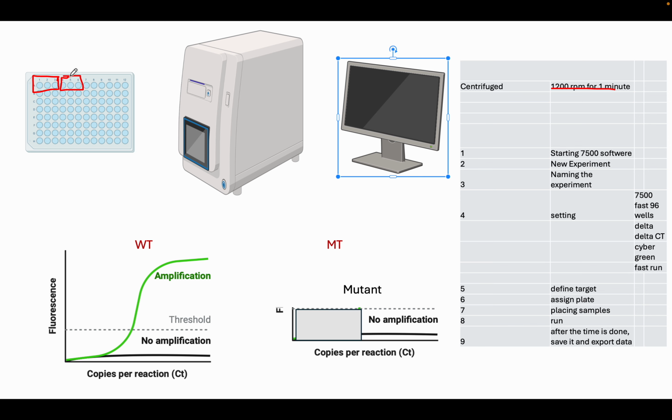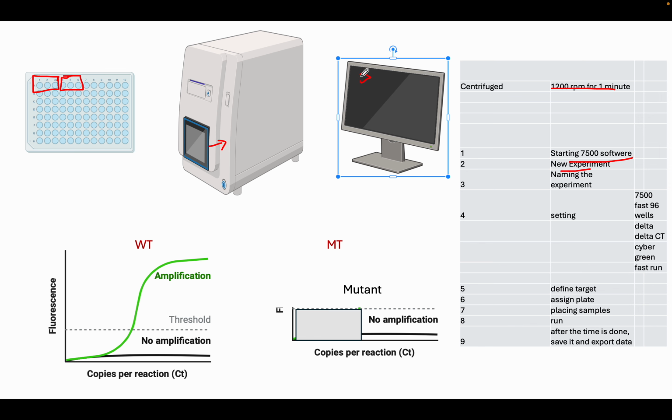So I will centrifuge it, and after that I will put it in the quantitative PCR machine, and I will start the software which I am using, the 7500 software, which is the name of the software used in this PCR machine.